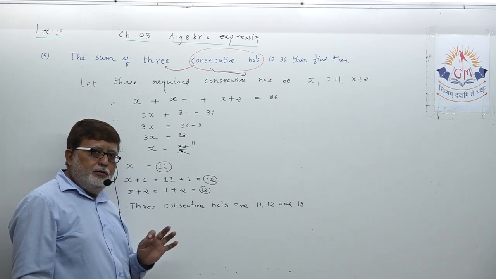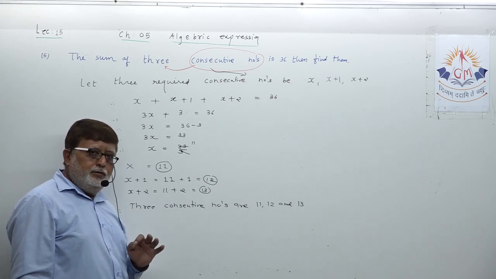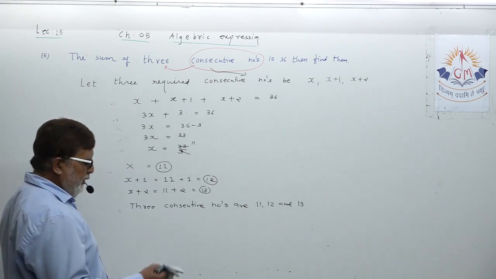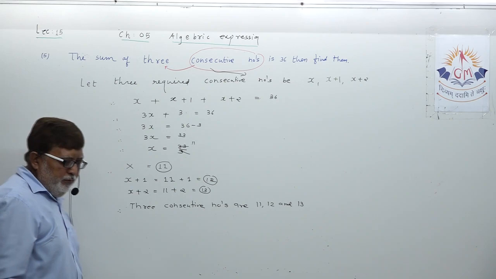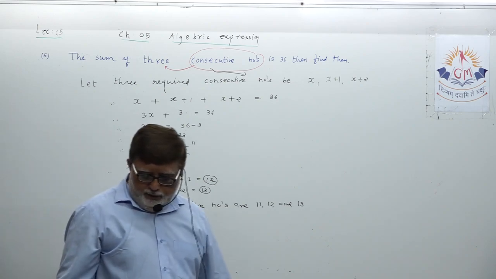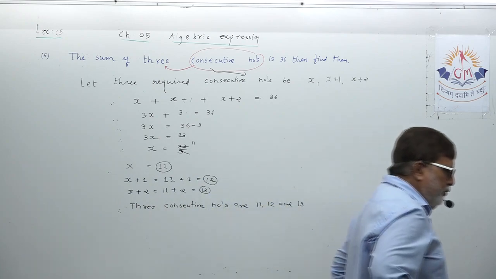Whenever you come across the word consecutive number, you have to start supposing as x, x plus 1, x plus 2, that way. Okay? So this example, just be watchful, verify how it has been solved by me. Please concentrate on it.